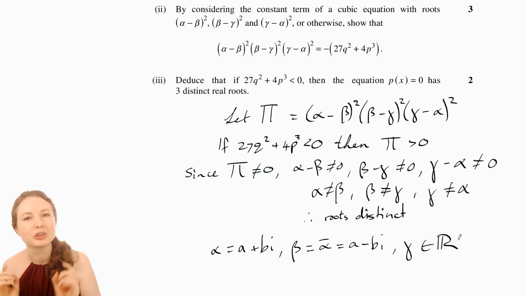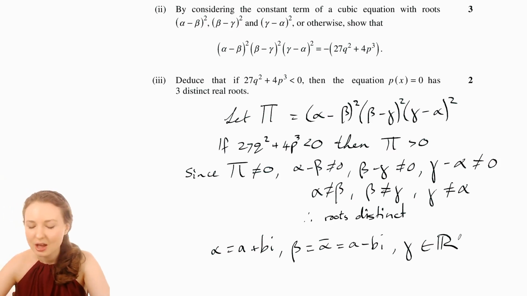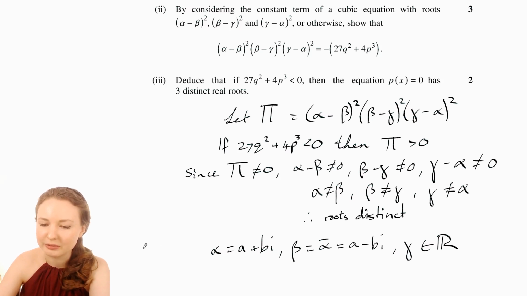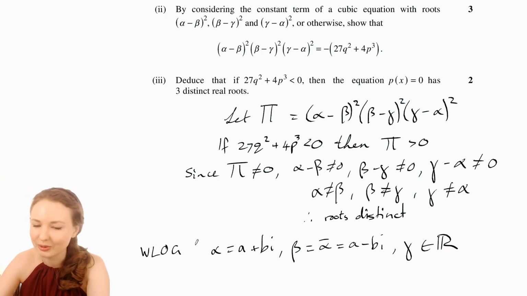That phrase is without loss of generality, and you just abbreviate that with WLOG. I guess they probably don't teach that in high school, but that's what I would do at university level anyway.